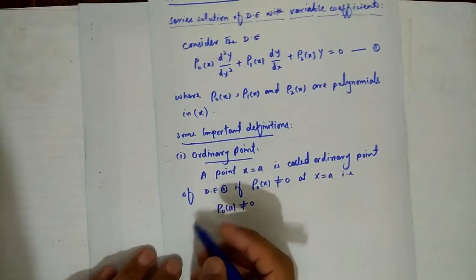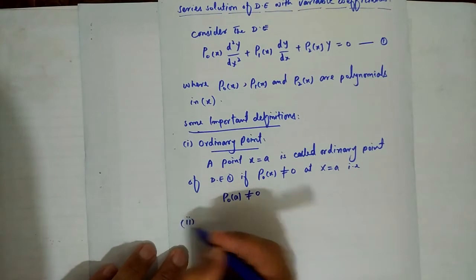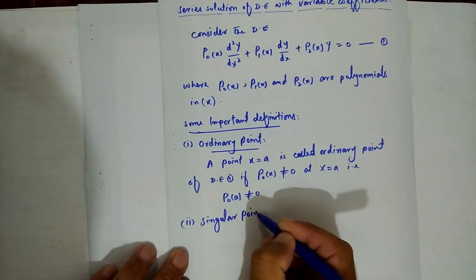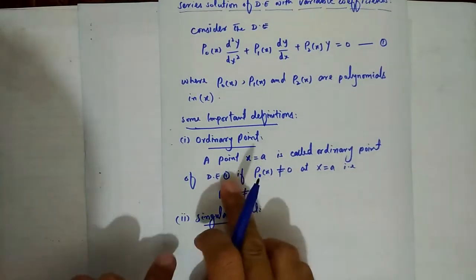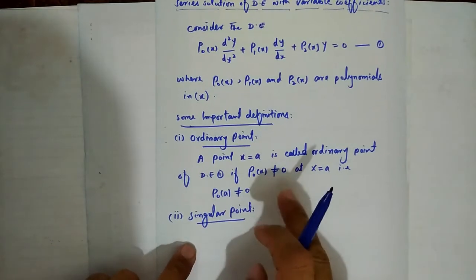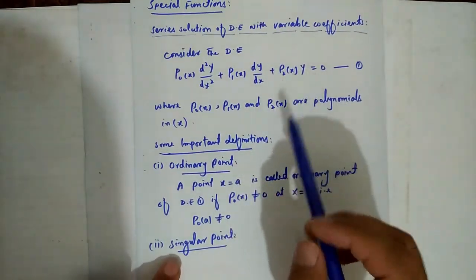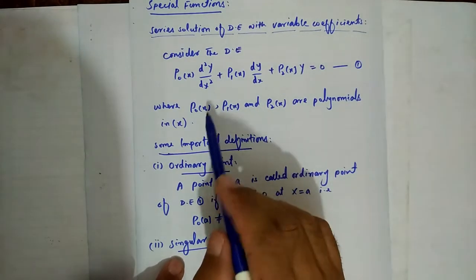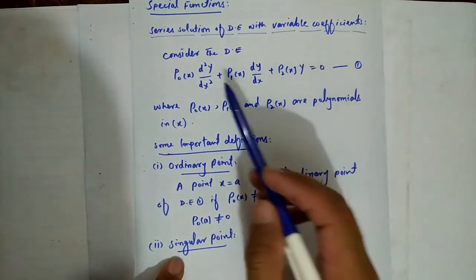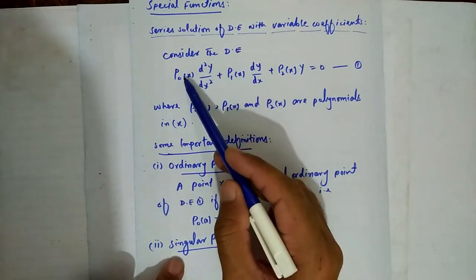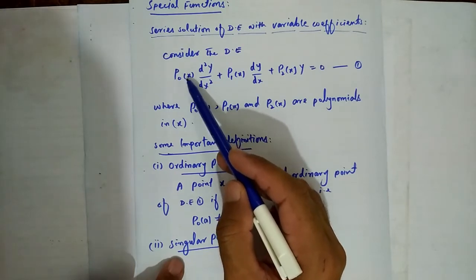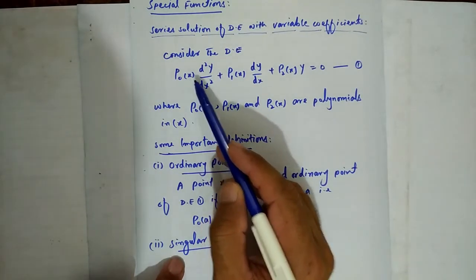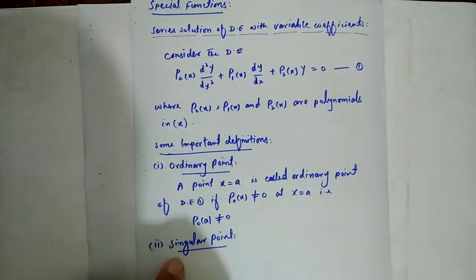On the other hand, we have the singular point. Remember students, if at a point x equals to a this polynomial p naught of x does not vanish, then that point is called the ordinary point of this equation.